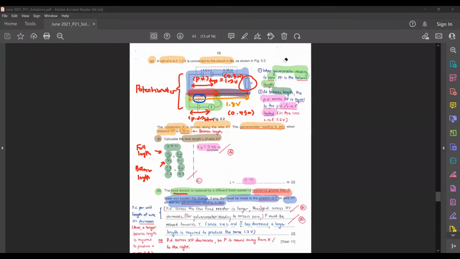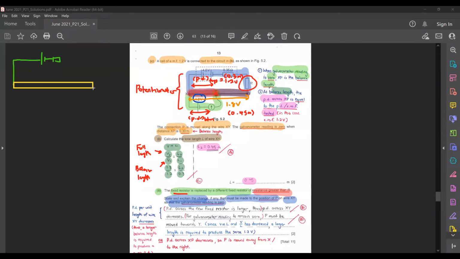To get an idea of what is actually happening when the fixed resistance is increased, it will be better to just draw a diagram out first. So we have our cell connected to our internal resistance here, which is in turn connected to our uniform resistance wire over here.